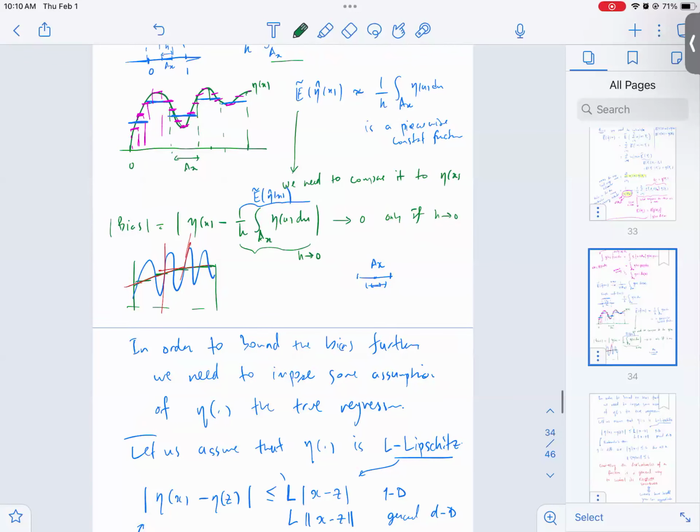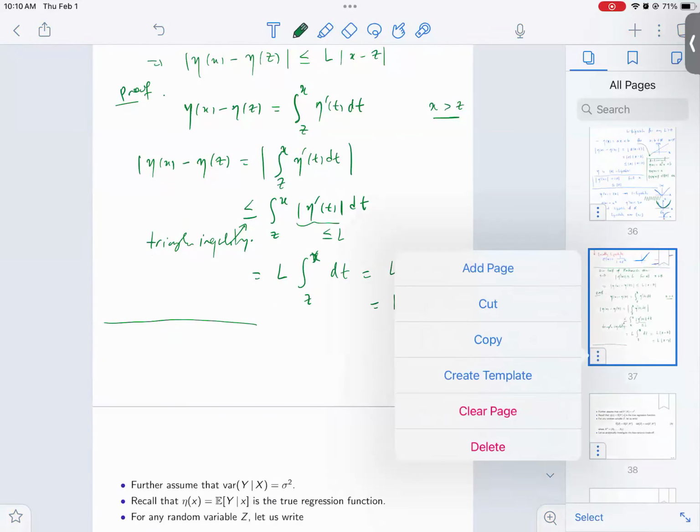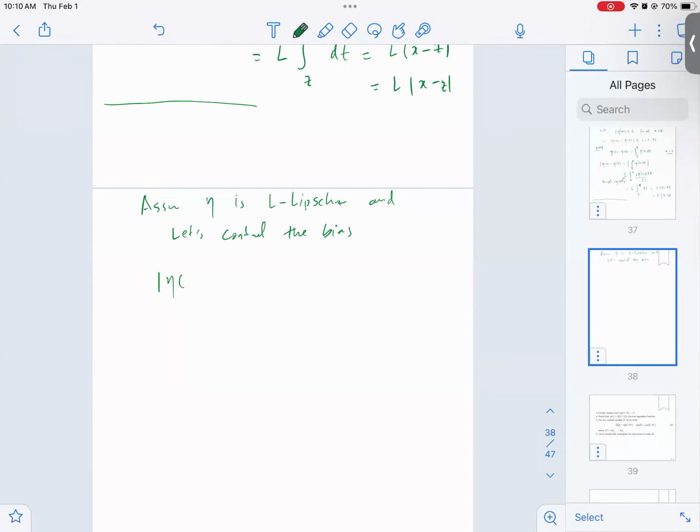So what I want to do is assume that and then control this bias. Let's do this. Assume eta is Lipschitz, and let's control the bias. So if I do that, I get eta of x minus that integral, something like that, if you remember. And this was h, but maybe I want to do it more generally.